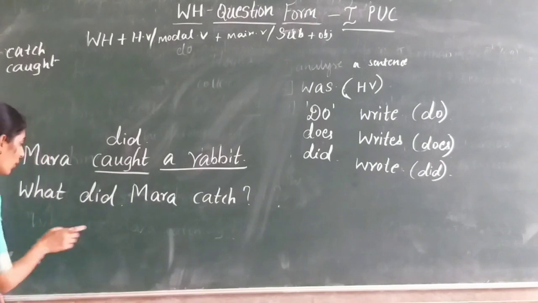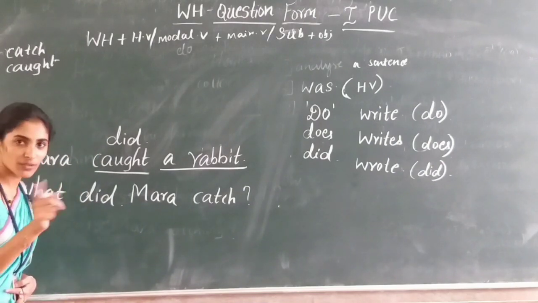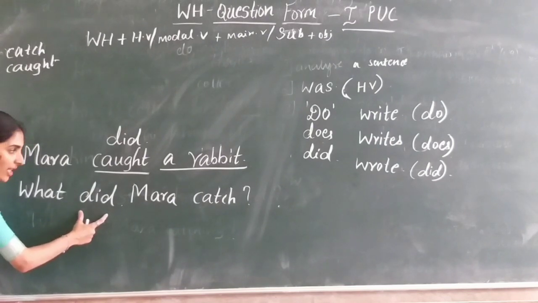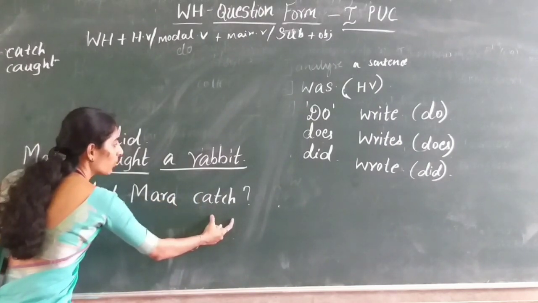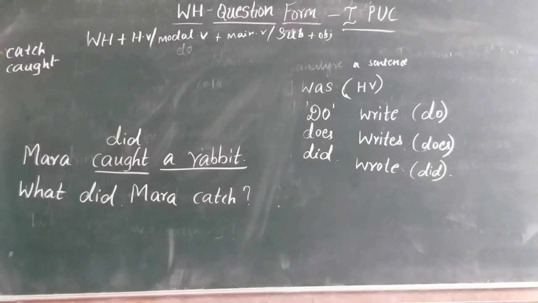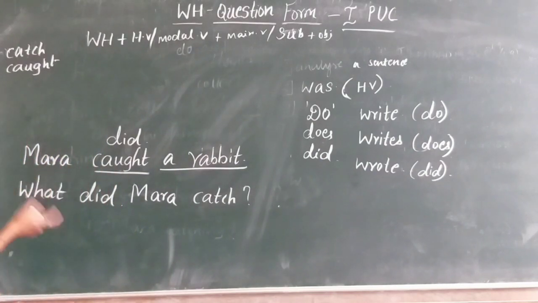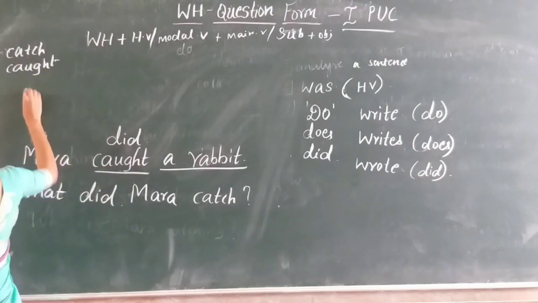Don't write caught. Don't write what did Mara caught. That is wrong again. So we have already written did. So now we have to write the V1 of caught. So it becomes catch. So what did Mara catch? Is that clear? So now let me change the tense here.